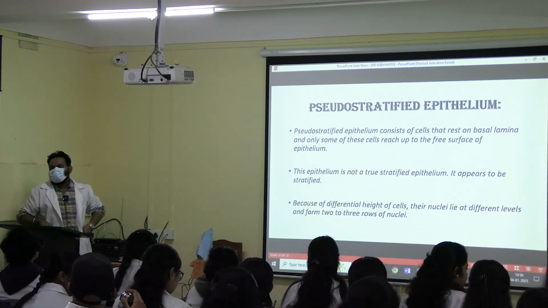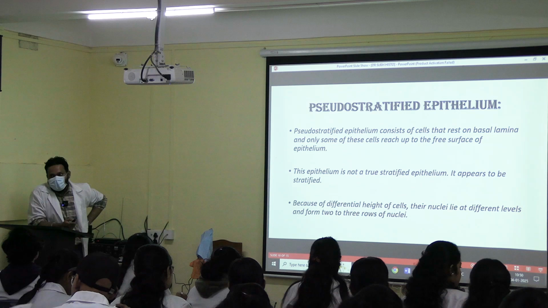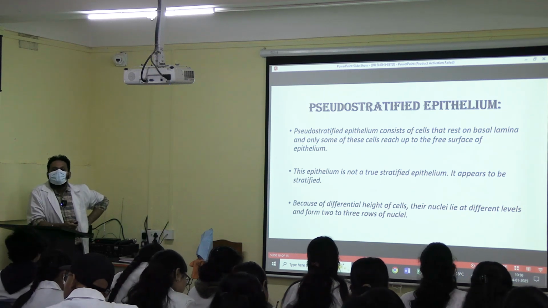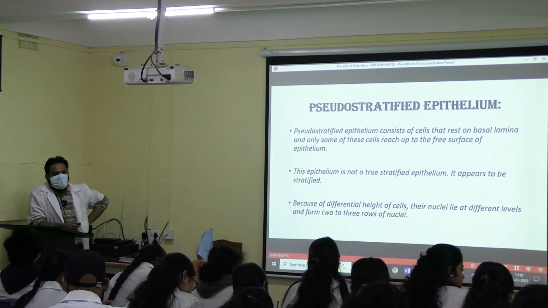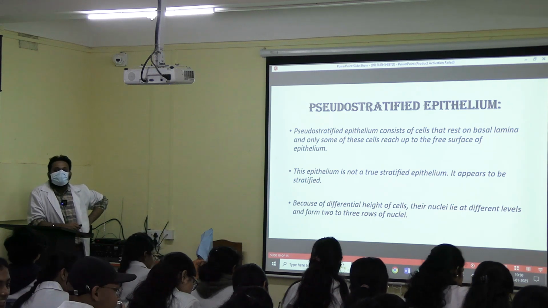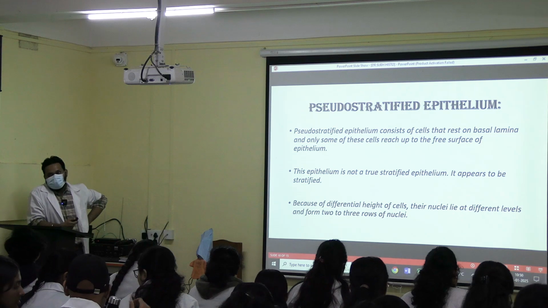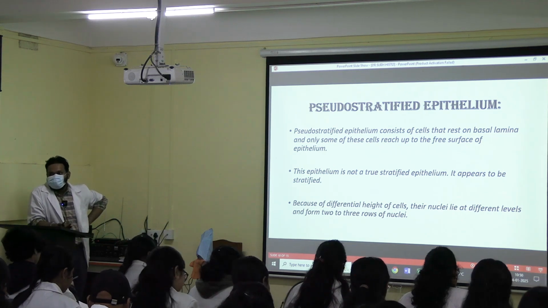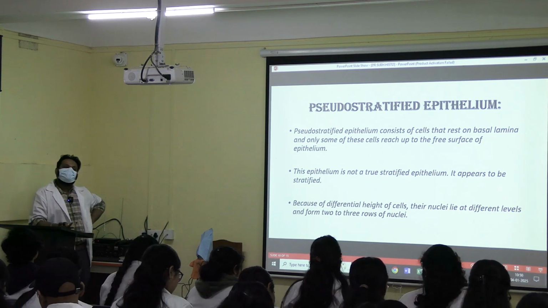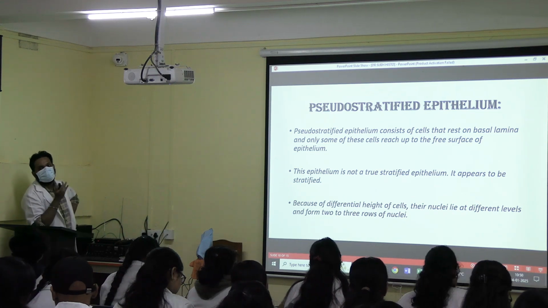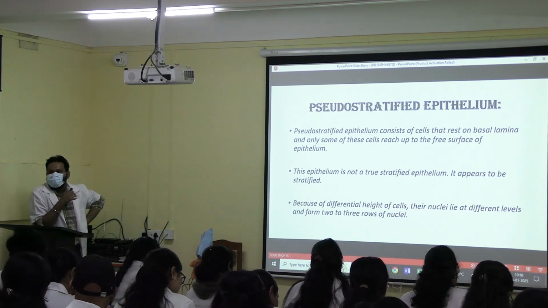Packed more than one layer of cells, those are known as stratified. But this one is known as pseudostratified because this is not true stratification. It appears to be stratified. देखने में लगता है कि stratified है, but there is no stratification.